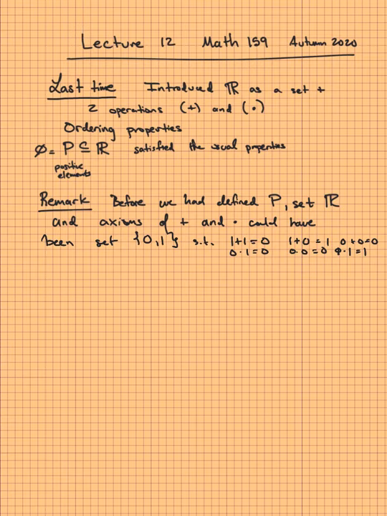You can check that this set of two elements plus these binary operations would satisfy every single axiom that we had, except that once we have P, P ensures that 1 plus 1 is not 0 in this set. Because this is a positive element.